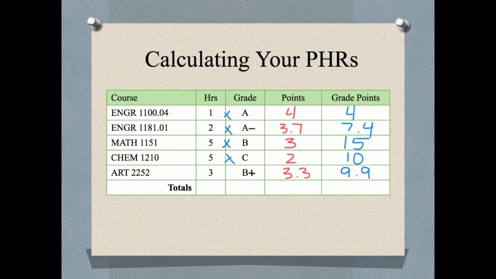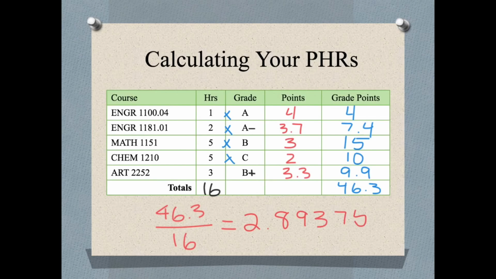You will then add up your total number of grade points, which in this case is 46.3. You will also need to add up the total number of credit hours, which in this case is 16. You then divide your total number of grade points, which in this case is 46.3, by the total number of credit hours, which in this case is 16. So the point-hour ratio for this set of classes would be 2.89375.